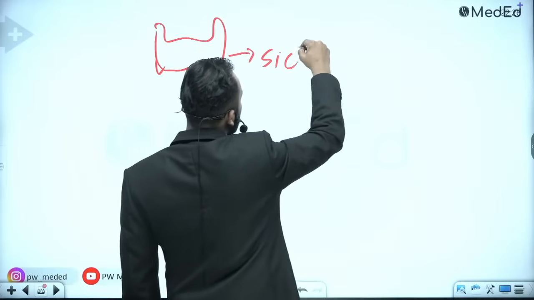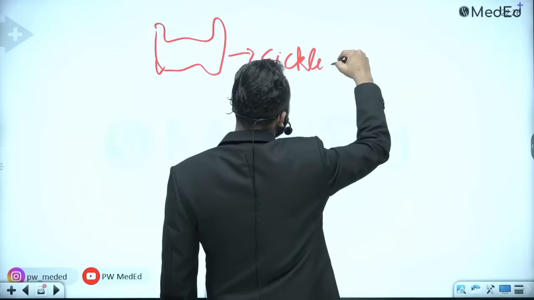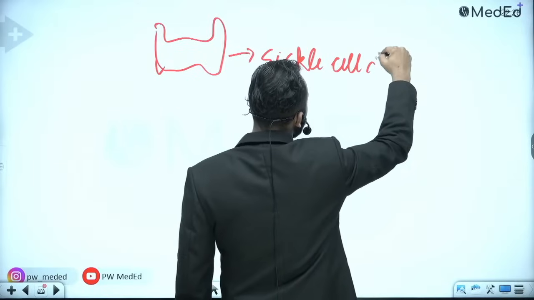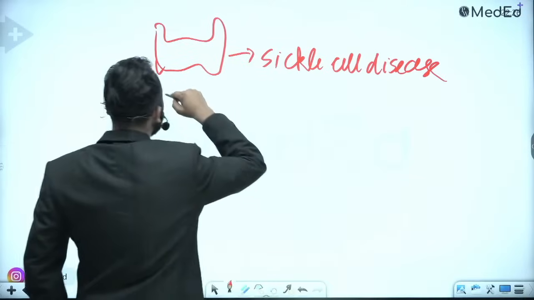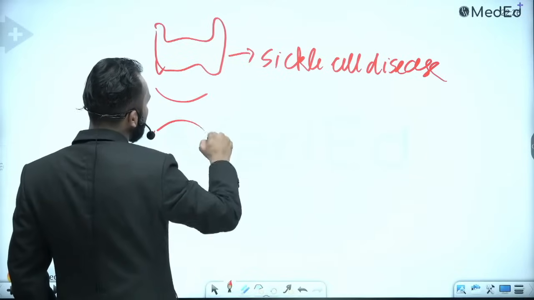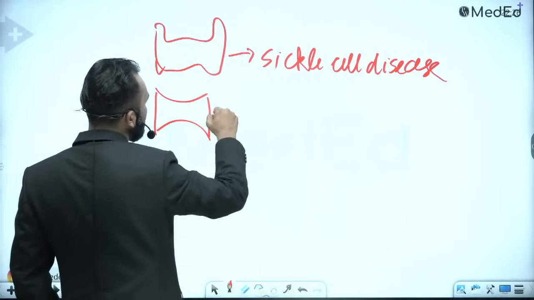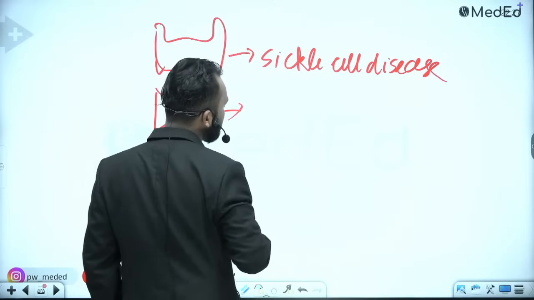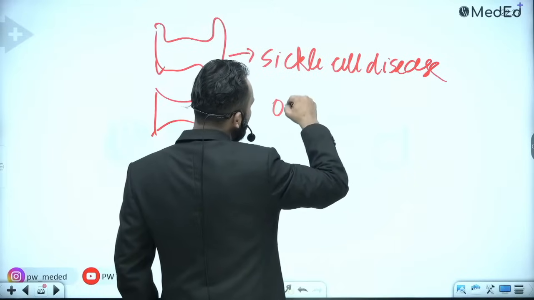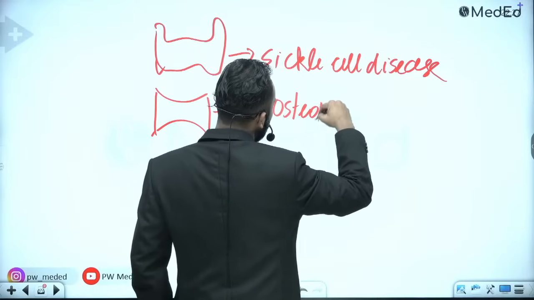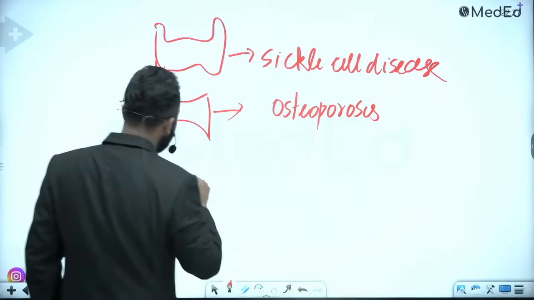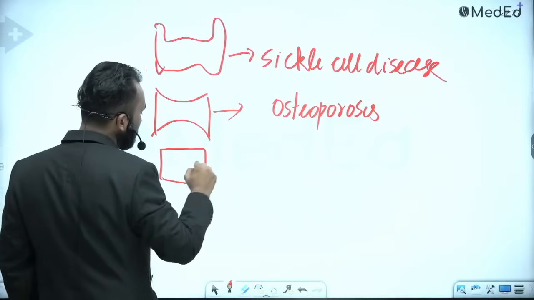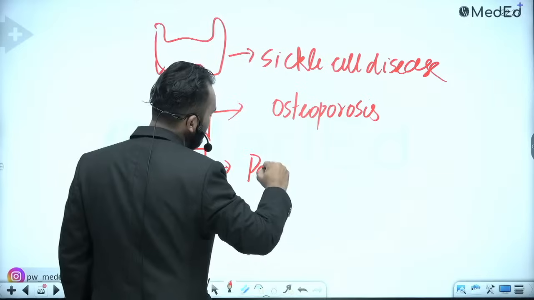H-shaped vertebra. Just remember, it is seen in sickle cell disease. Fish mouth appearance of the vertebra is seen in osteoporosis. Picture frame vertebra, Paget's disease.